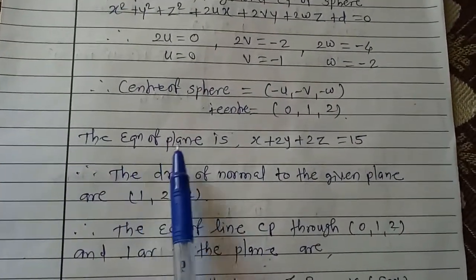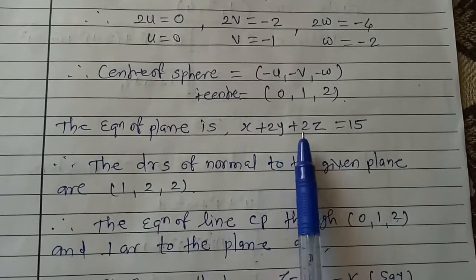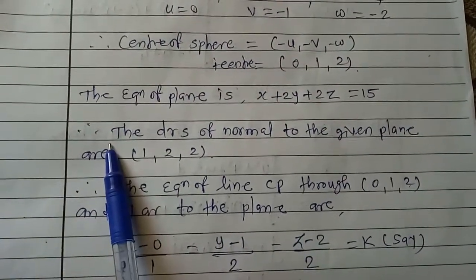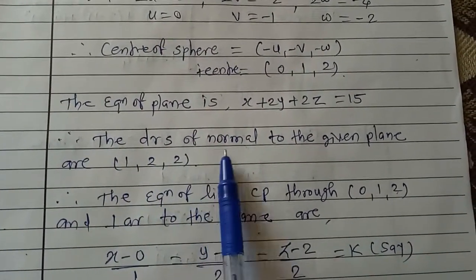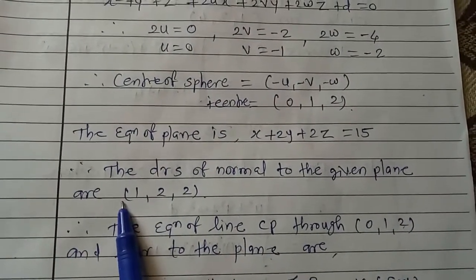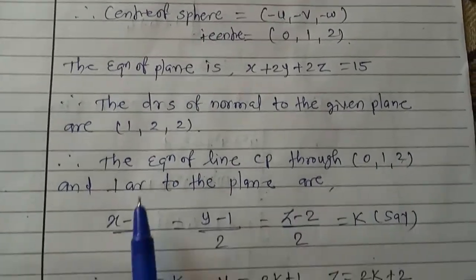Now the equation of the plane is already given, that is x plus 2y plus 2z is equal to 15. Therefore we can find the direction ratios of the normal to the given plane, which are nothing but the coefficients of x, y and z, that is 1, 2, 2.